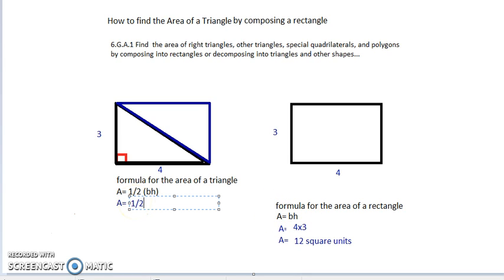So half of 4 times 3, the area of the triangle is half of 12, which is equal to 6 square units.